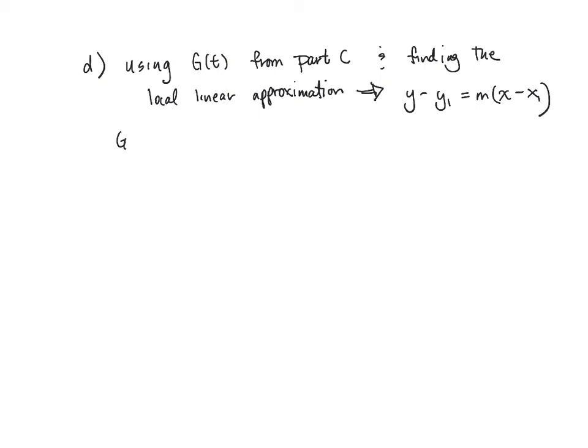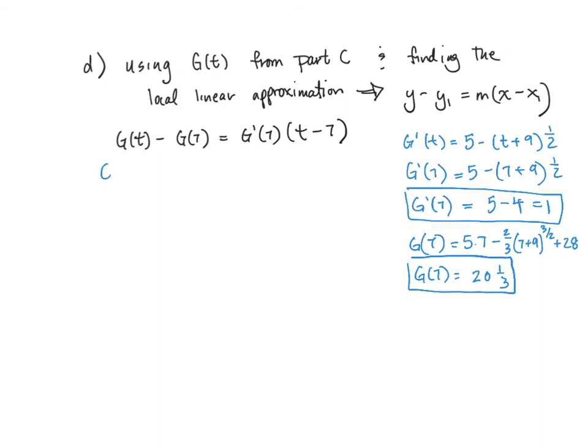Another way to write this in terms of g is g of t minus g of 7 equals g prime at 7 times t minus 7. So we're finding this local linearization when t is 7. I've done all my calculations on the right. G of 7 is 20 and 1/3.